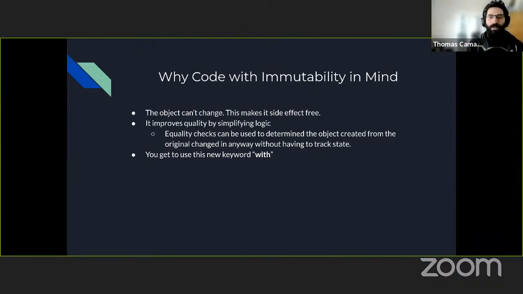You can also track state differences: based off of all the operations that happened on this object, did the new one actually change? And my favorite thing is that in C# 9 they introduced the with keyword, something I wanted for a long time. I didn't realize I wanted it until I started using it and realized how great it is.